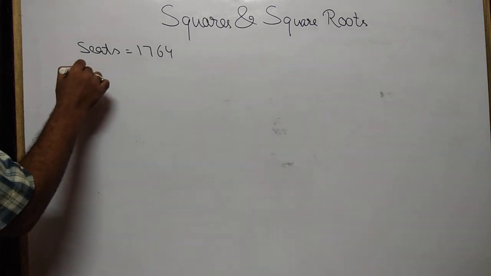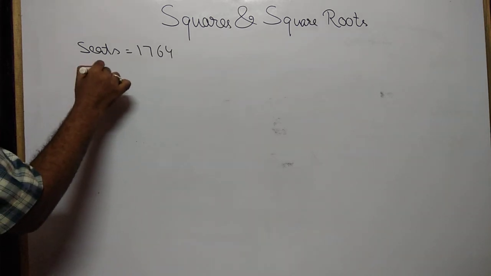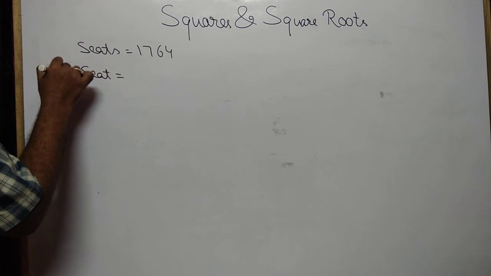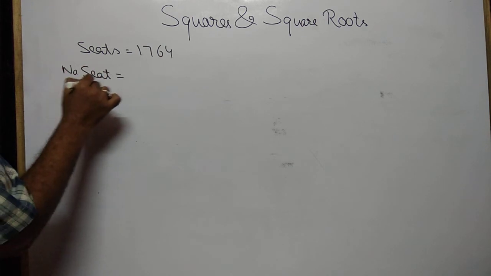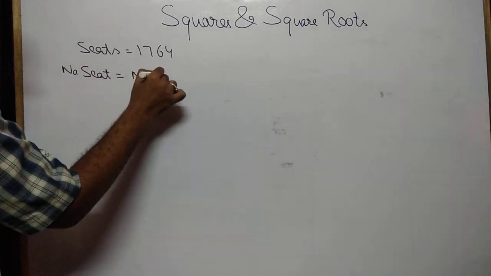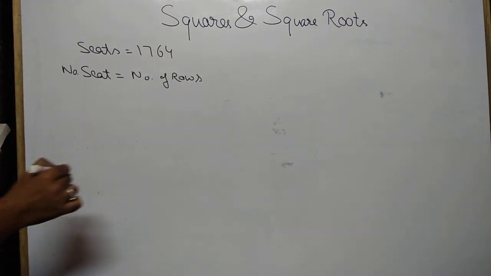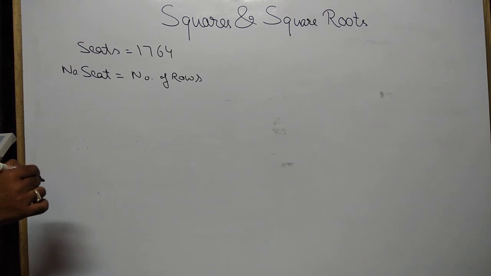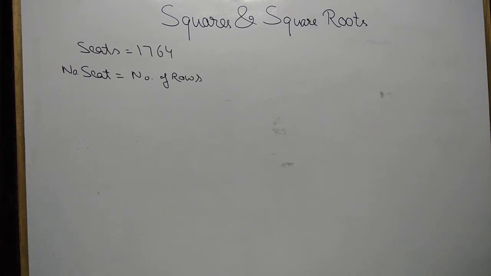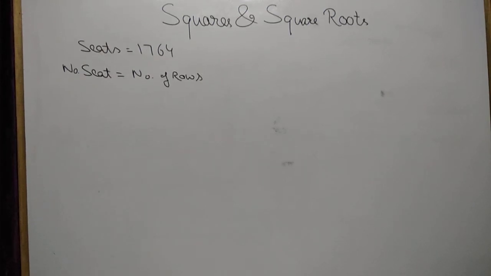So number of seats equals number of rows. Clear? So we have to find out how many seats are there in each row. So in this case, we have to find out the square root.